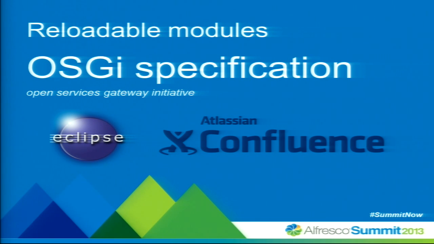And that specification, which we know as OSGi, has been around for quite some time, also used by many popular products, such as Eclipse and Confluence. They use OSGi behind the scenes to support their plugin architecture, meaning that in both products you can upload new plugins also without stopping your entire process.